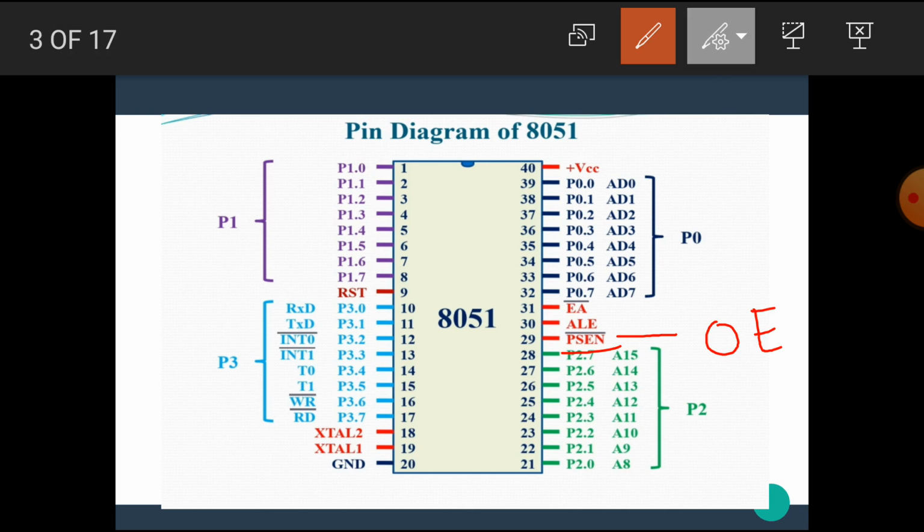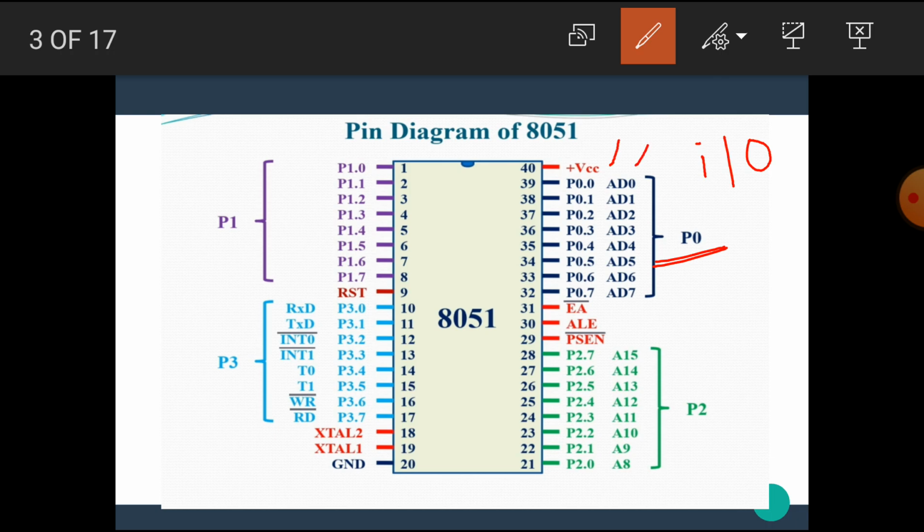Now let's see the port description. Port P0. The port P0 can be used as input or output port. Also, it can be used to provide address and data. The port P0 provides data D0 to D7 and address A0 to A7.